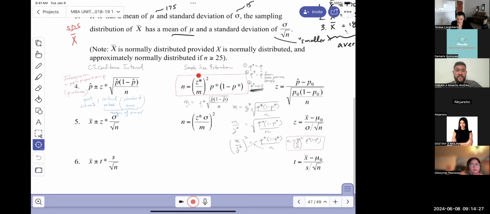What did I tell you that usually Z star is, what's the confidence interval frequently used in statistics? Right, Alejandro, 95%.